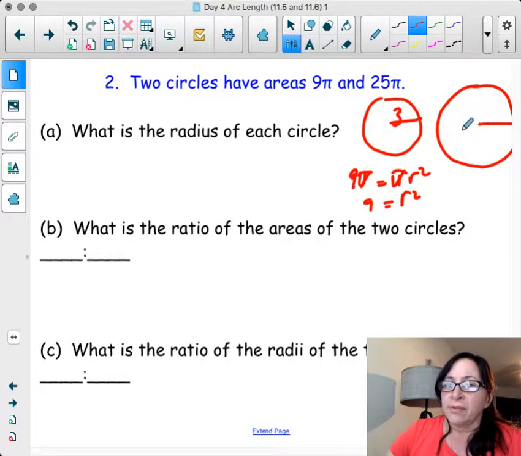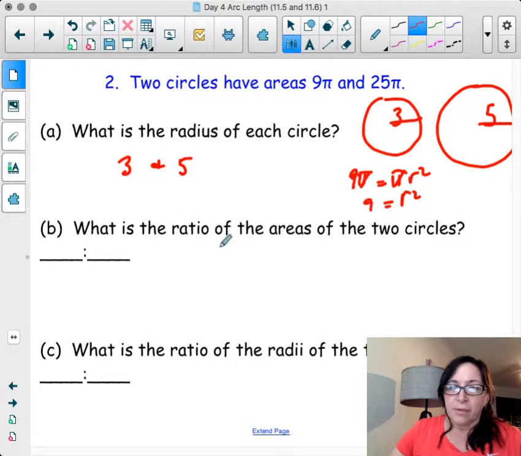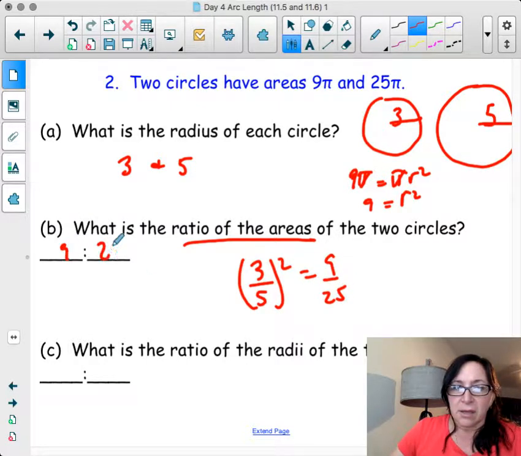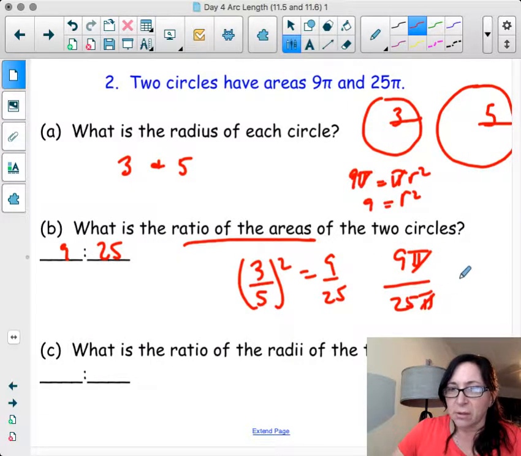And likewise, this radius is going to be 5. So the radius of each circle is 3 and 5. So what would be the ratio of the areas? Well, that's going to be 3/5 squared, which is 9/25. But you also could just take 9 pi to 25 pi. Pi's cancel. Again, you get 9/25.